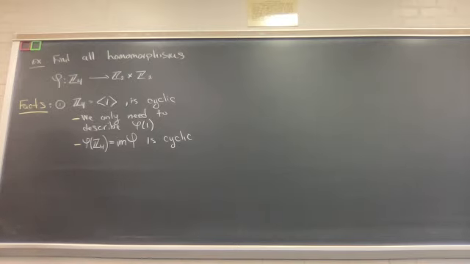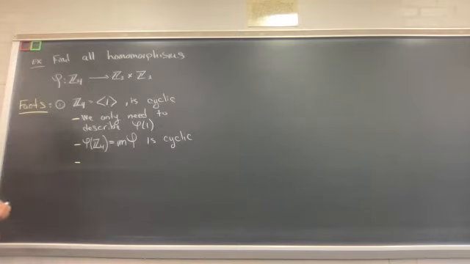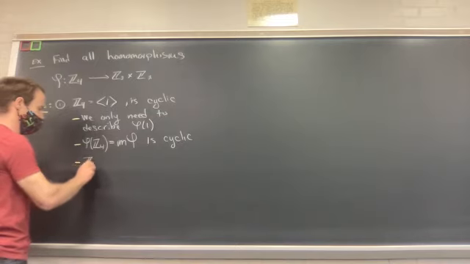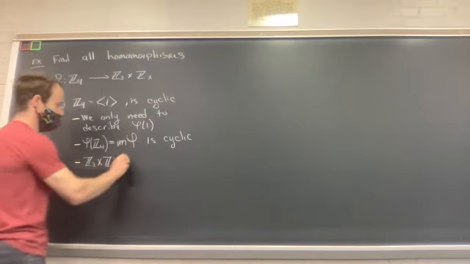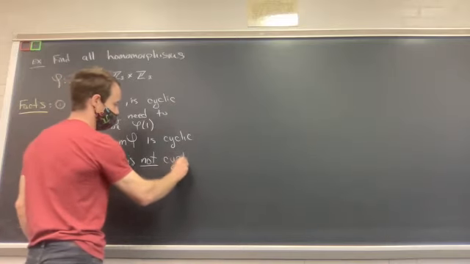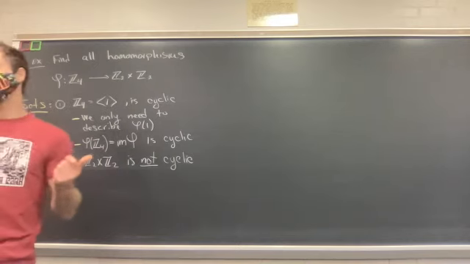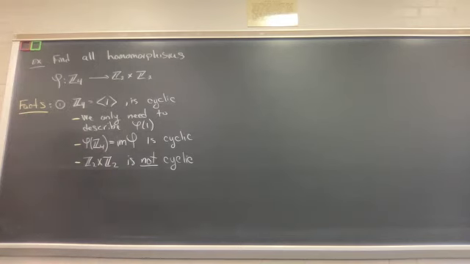And then another fact under this heading is that Z2 cross Z2 is not cyclic. That's pretty clear, since it's generated by two things, (1, 0) and (0, 1). This is the only group of order 4 that's not cyclic.